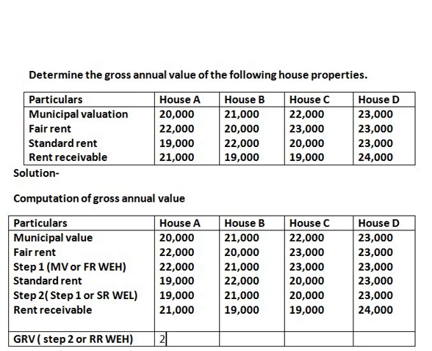It is 21,000 for house A. In case of house B, 21 or 19, again it is 21,000. House C, 20 or 19,000, it is 20,000. House D, 23 or 24,000, the answer is 24,000.